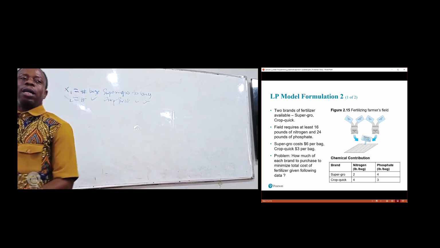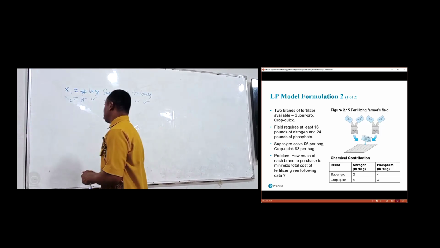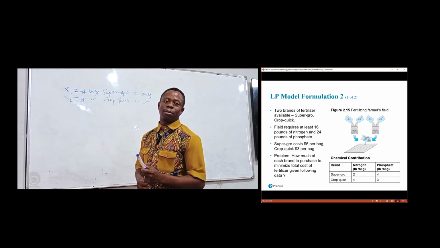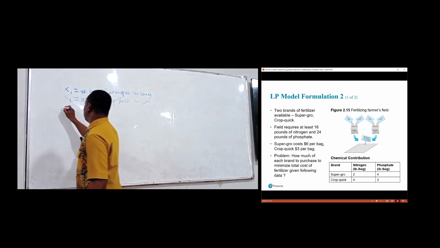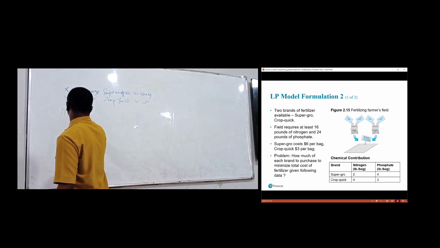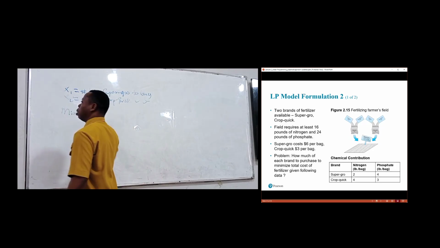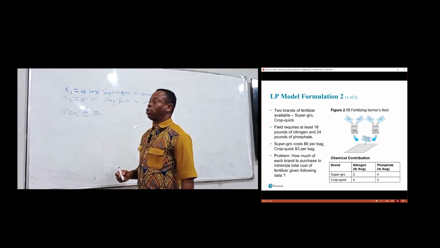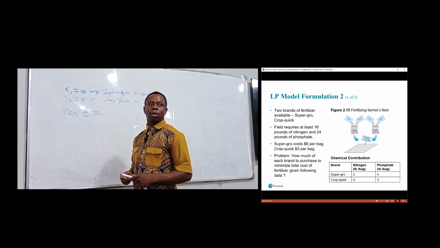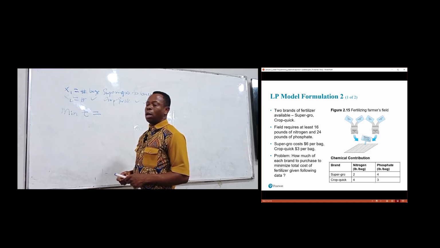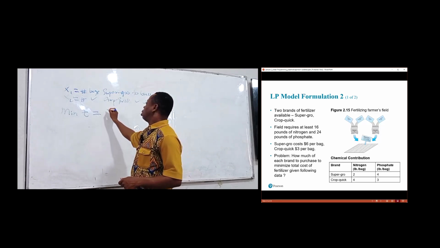So first, let's find out what is the objective function. What is the objective? Minimize what? So we are minimizing cost Z. And it's equal to what? A bag of Supergrow costs what? $6.